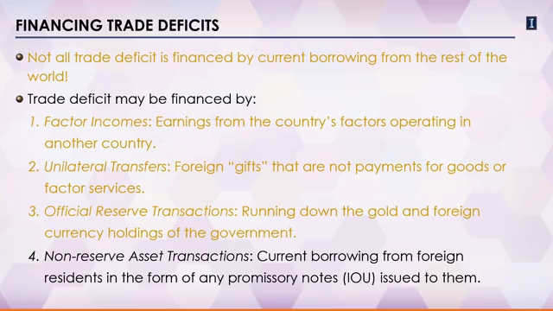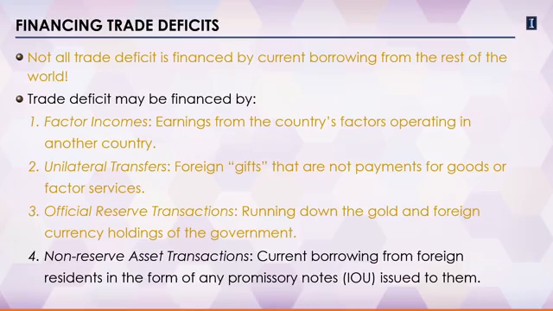When we take into account the role of factor incomes and unilateral transfers and official reserve transactions in financing the trade deficit, whatever is left has to be borrowed money, borrowed from the rest of the world.